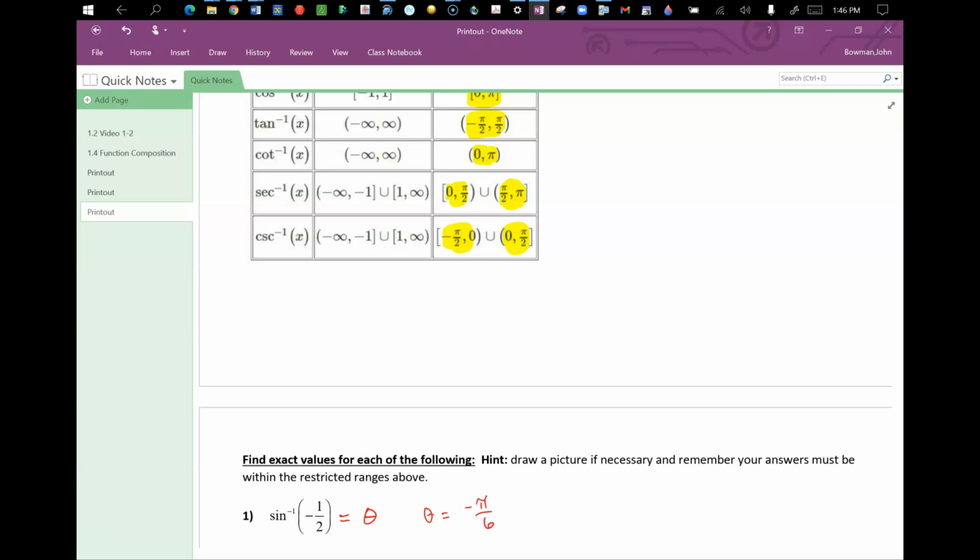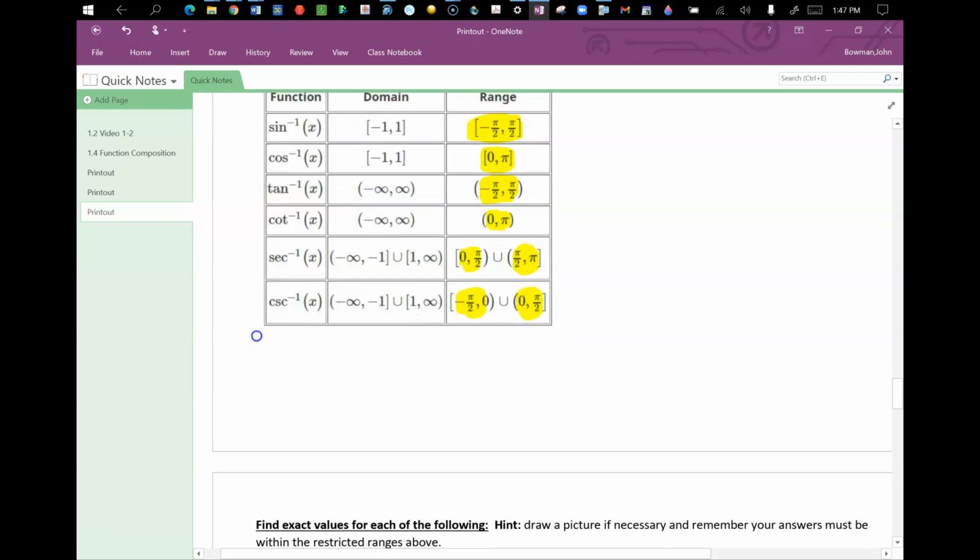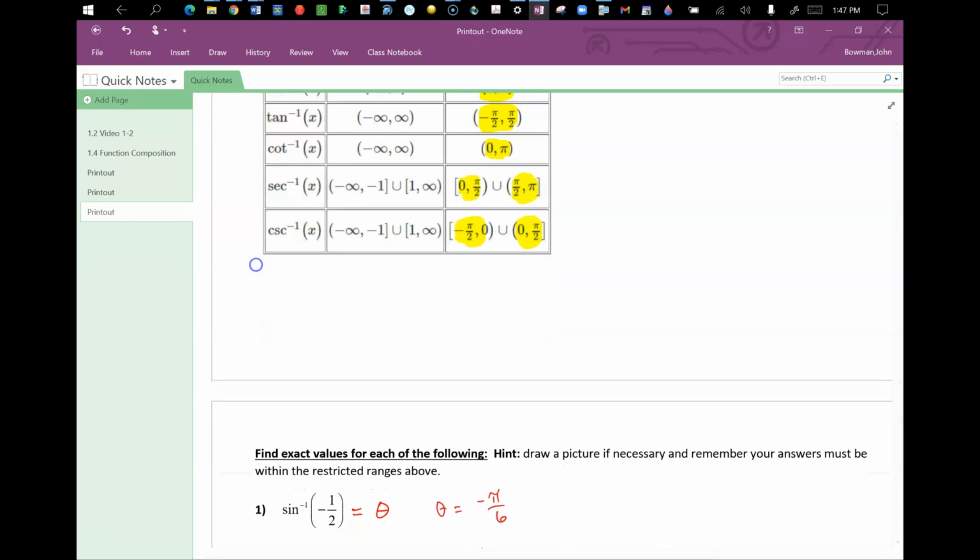Another way of thinking about this is that it's going to give me an angle, and that angle, according to my chart above, needs to be between negative pi over 2 and positive pi over 2 inclusive. So I'm thinking of this as what angle between negative pi over 2 and positive pi over 2 has a sine of negative 1/2? And that is negative pi over 6.